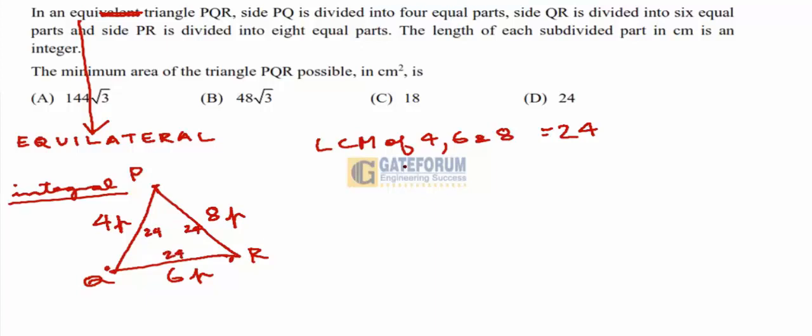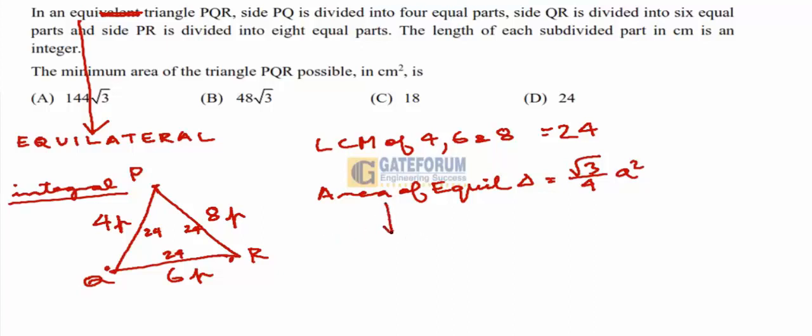Now why did I take the smallest side? Because only if it has the smallest side will the area be the smallest. So minimum area means the minimum sides. So 24. Now we know that the area of an equilateral triangle is always given by root 3 by 4 a square, where a is the side of the triangle. So here also let us do it.